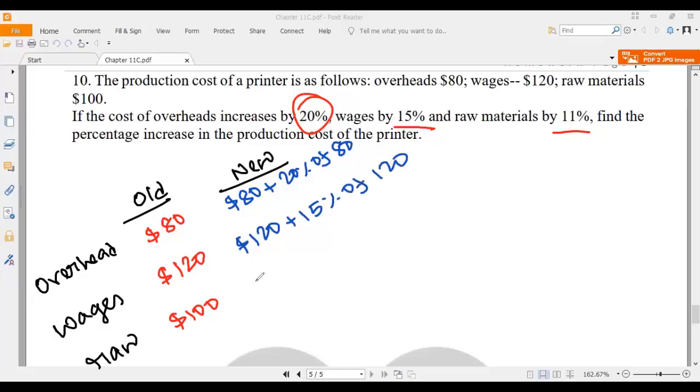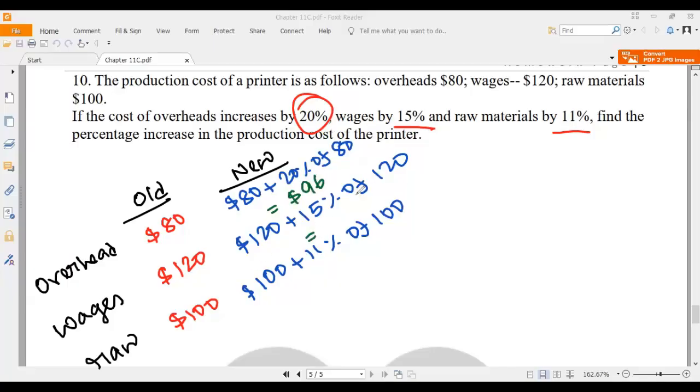Raw materials will be 100 plus 11% of 100. Now we need to calculate this one. 20% of 80 is actually 16. So 16 plus 80 will be 96.